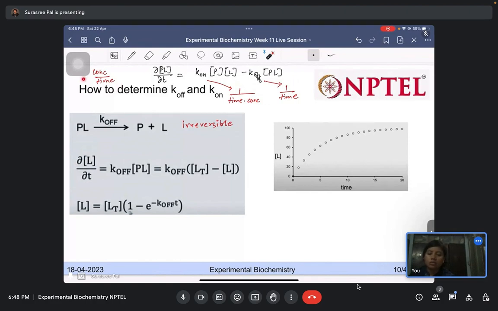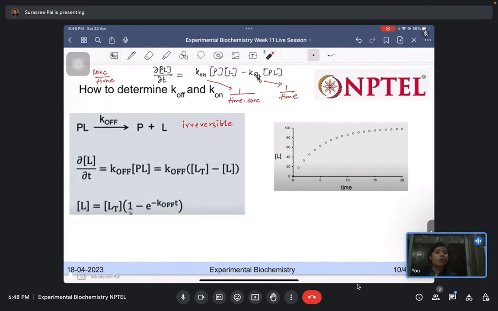That is the rate of change of the protein ligand complex concentration, so it has a unit of concentration over time. So this part will also have a unit of concentration over time. Therefore, the unit of K on will be 1 by time into concentration, whereas the unit of K off will be 1 by time. So K on and K off have two different units.